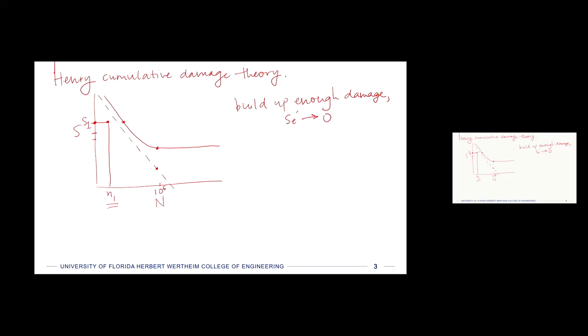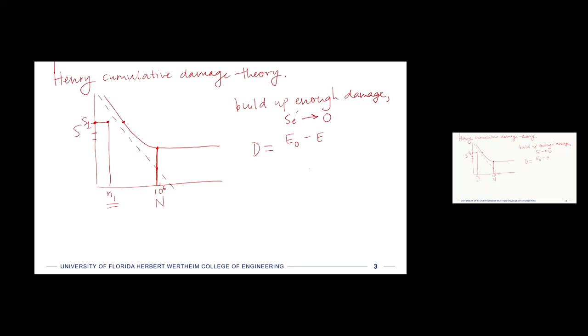So instead of defining a damage ratio in numbers of cycles, we're going to define a damage ratio as how much the endurance limit has dropped. In the book, they show it like this. They say damage is equal to the original endurance limit, so instead of SE prime, which is from the undergraduate textbook, they have E naught.